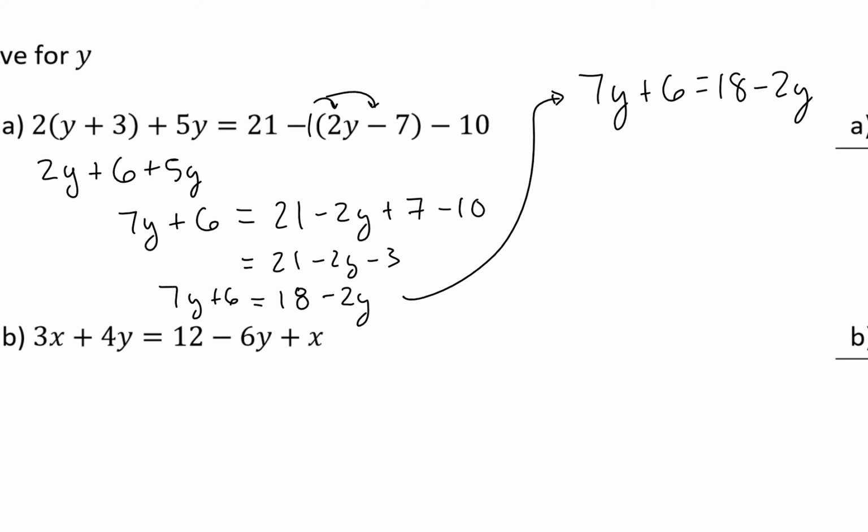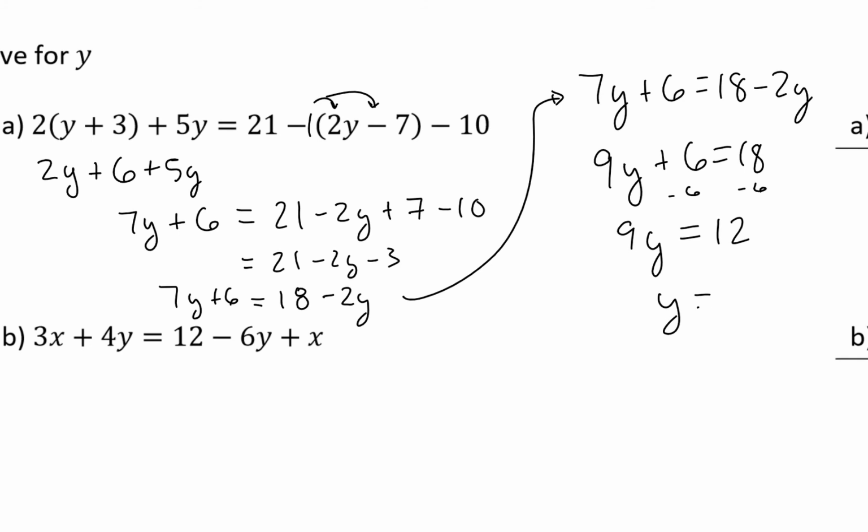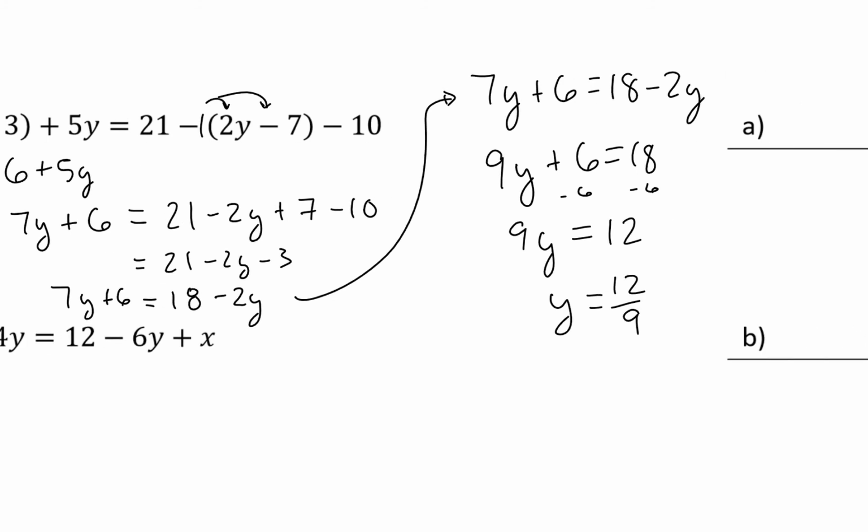Let's add 2y to both sides. So 9y plus 6 is 18, and then 9y equals, I need to subtract 6 from both sides, and when I take this 6 away from each side, I get 9y equals just the number 12. So y is 12 ninths, and there is a common factor there.